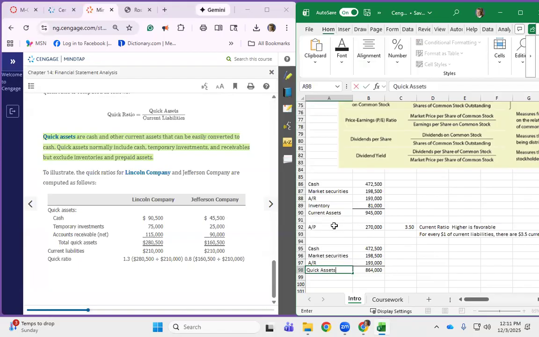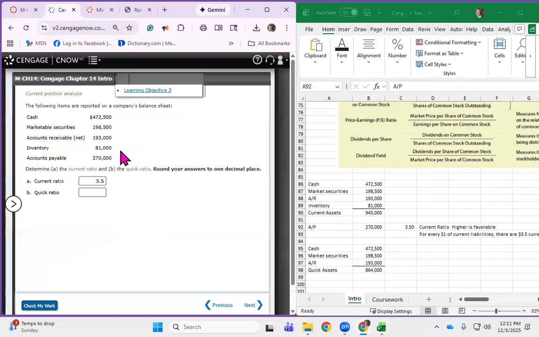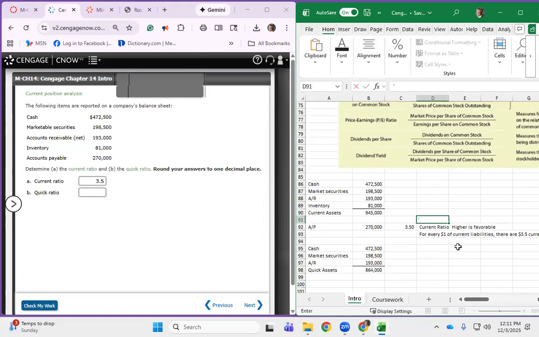Now the current liabilities have not changed. This is your current liabilities, and I'm going to go back to the problem now. You're going to use this same amount for the divisor up here. So I'm going to do the formula for this current ratio because I like to show how those numbers came about.